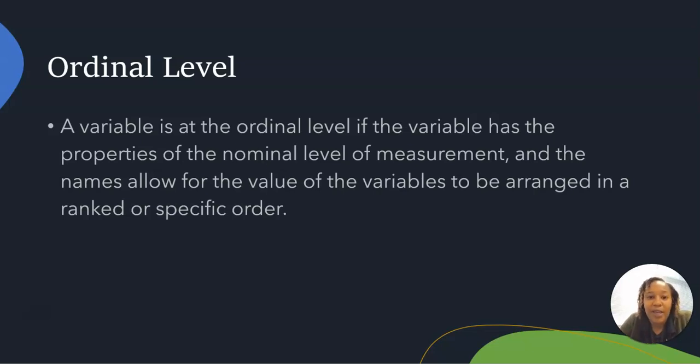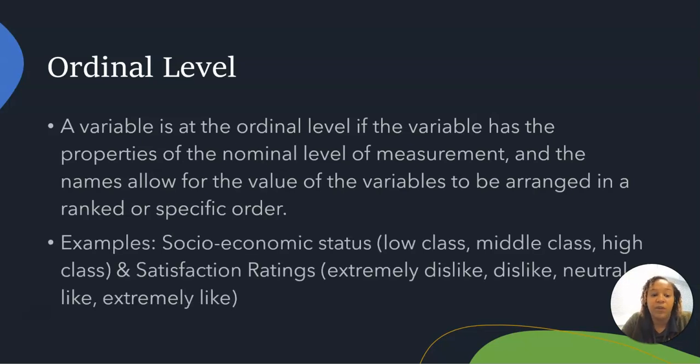So the ranking doesn't have a meaning, so those are strictly nominal. But if it's nominal and it can be ranked, then it's considered ordinal. So for example, socioeconomic status. You could have low class, middle class, high class. You can rank those. So it classifies the individual, but it also allows for a ranking system. You can rank it from low to high, or from high to low, based on the amount of money or household income of those families.